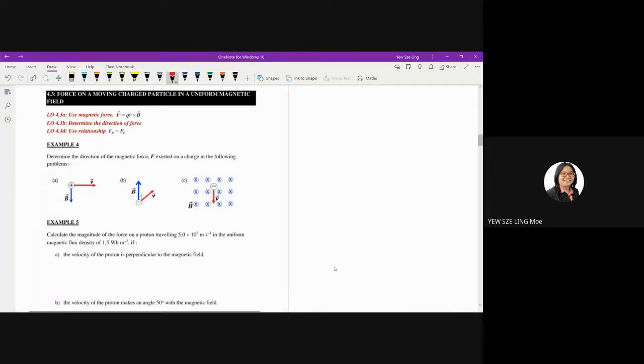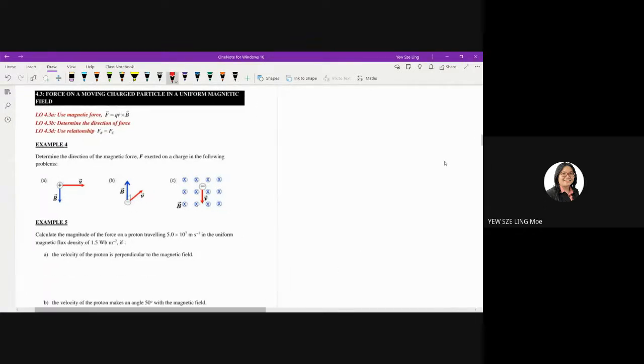Once again, the idea to solve magnetic force is exactly the same. You look at the object. When it comes to magnetic force, there are 3 possible cases. The first one is when you have a moving charged particle. The equation to be used is F equals QV cross B, with magnitude QVB sine theta.